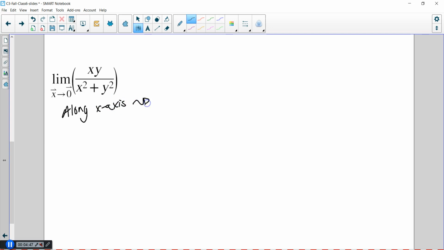When I do that, I get the limit as x approaches the 0 vector, and then, well, now I just get 0 in the numerator over x squared, which is just 0. Okay. Well, that's fine. Let's see what I get along the y-axis.